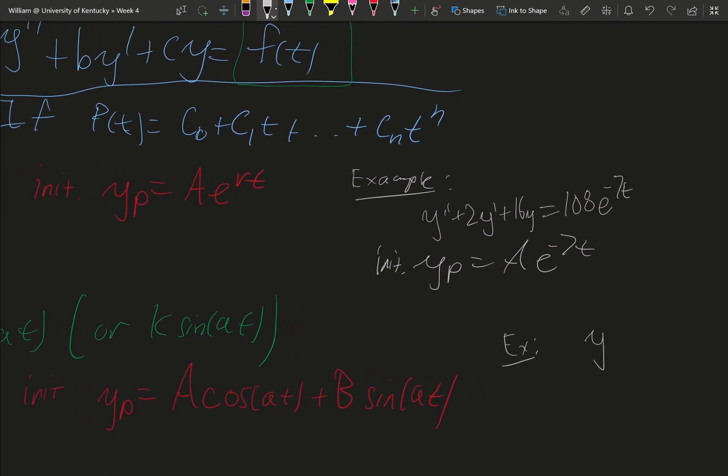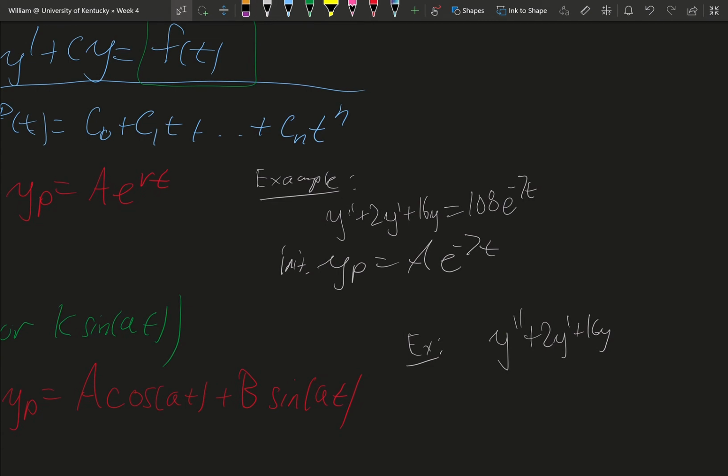So again, y double prime plus 2y prime plus 16y equals 10 cosine of 3t. Then our initial guess is a cosine of 3t plus b sine of 3t.